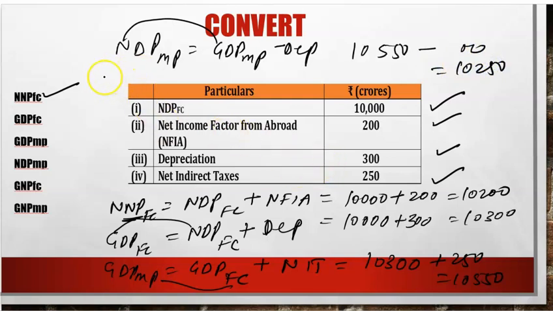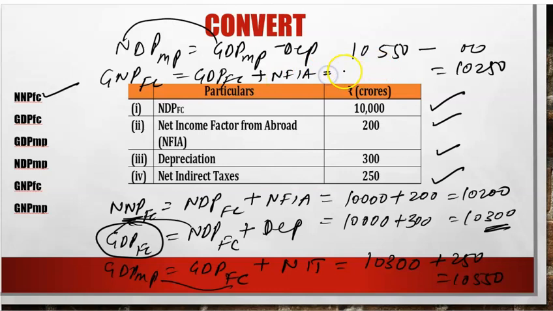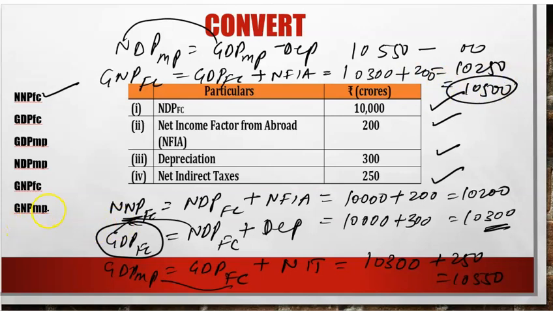Then they ask what is GNPFC. Again, a very easy part. We already had GDPFC. GDPFC is 10,300 and D2N, domestic to national, is plus NFIA. So 10,300 plus NFIA 200 gives me 10,500. So GNPFC is 10,500 and the last is GNPMP.